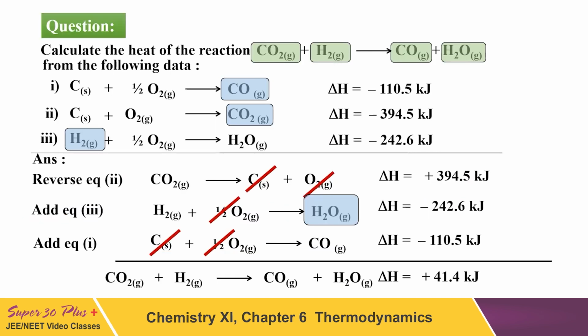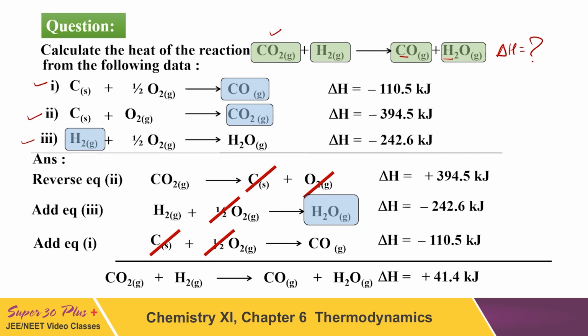Now, one question is given in order to make you understand Hess law in a much better way. Calculate the heat of the reaction CO2 plus H2 gives CO plus H2O. Heat of this reaction has to be calculated, and heats of three other reactions are given.